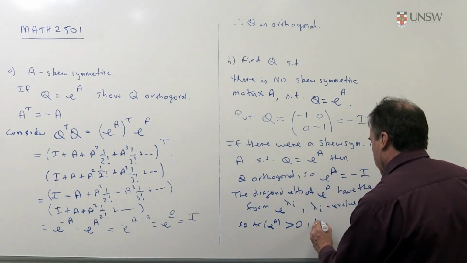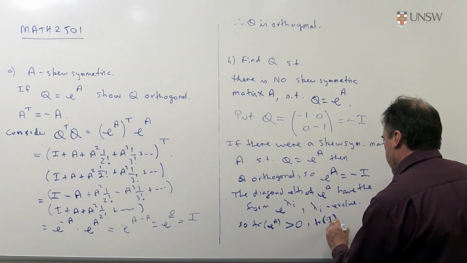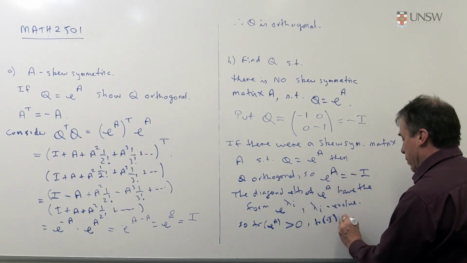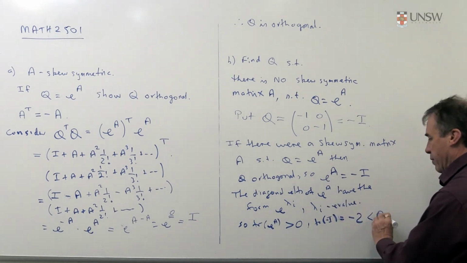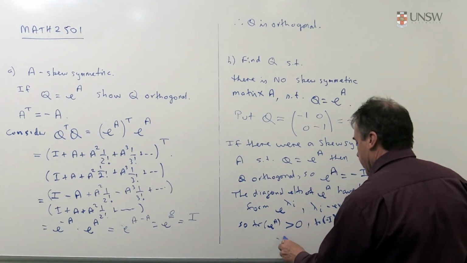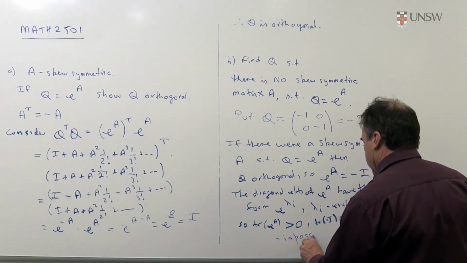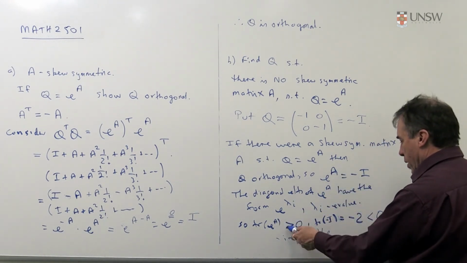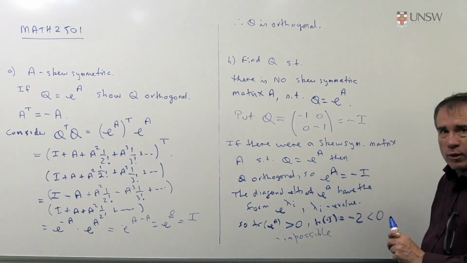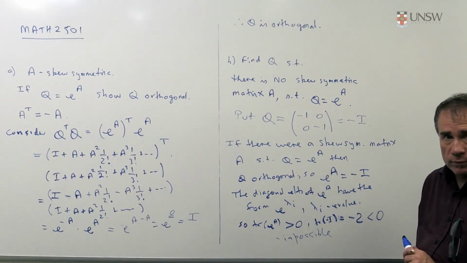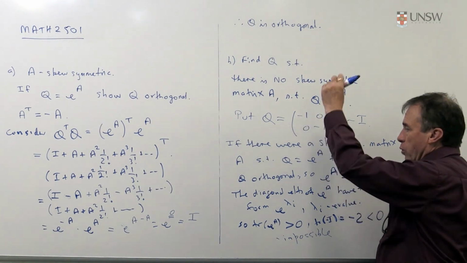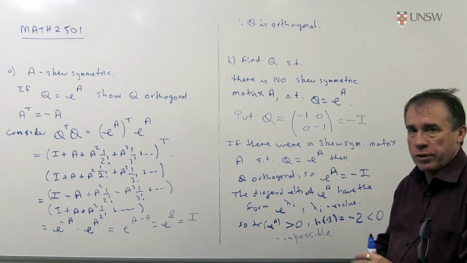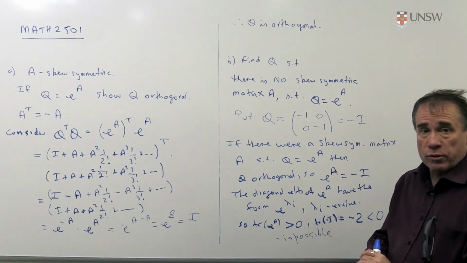But if you work out the trace of minus I, well, it's going to be minus 2, which is negative, and that's impossible. So the trace of this one has to always be positive, and the trace of this one, which is supposed to equal it, is always negative, and that's impossible. So that means I found a Q so that there is no A such that Q equals e to the A. Otherwise, we have a contradiction. And that's the solution to the problem.